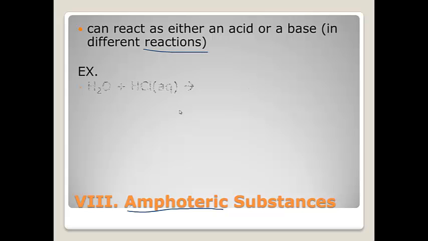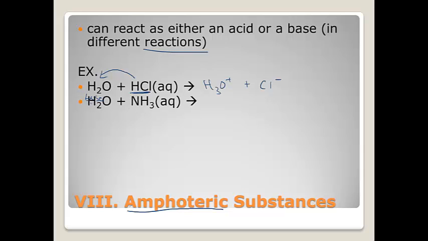So an example, well, we saw water. What's water going to do? Well, that's an acid, right? HCl, hydrochloric acid. So water must be acting as the base here. What happens? It turns into H3O plus and Cl minus. Let's clear that for a second.